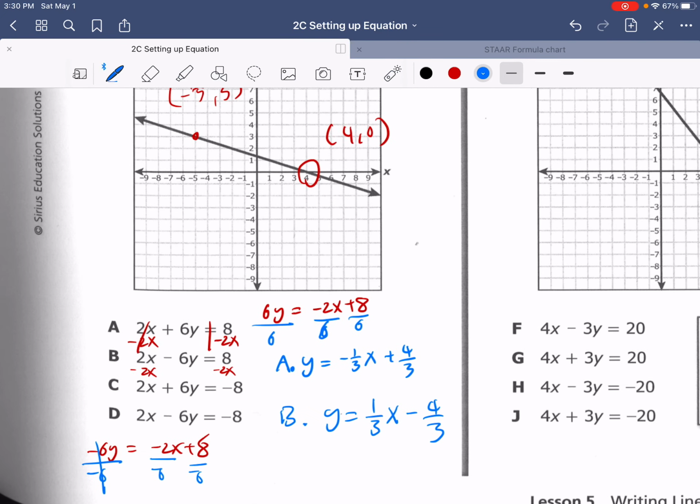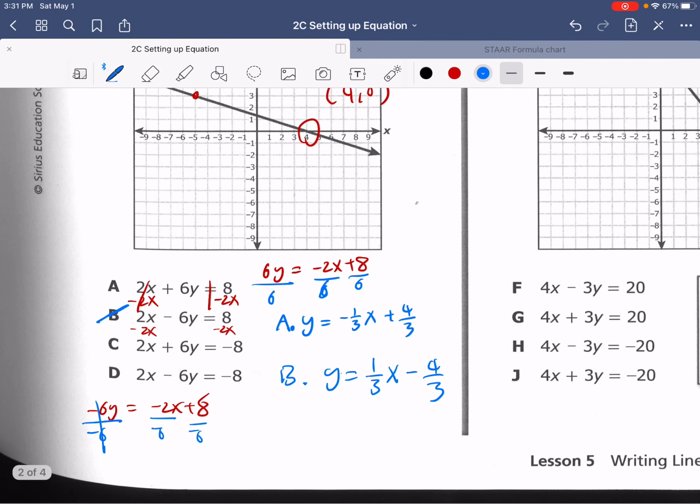That's not going to be true because the y-intercept is negative, but this one should be positive, right? So B is not true. But if you're not sure, it's okay because the only thing you have to do is graph it. So you do the same thing for C or D, okay?